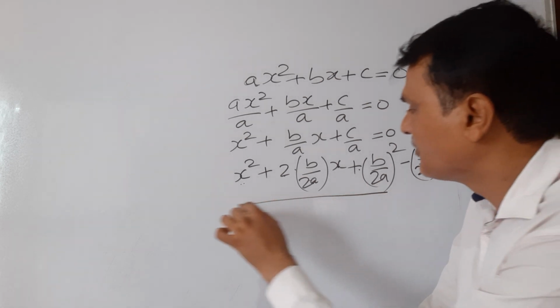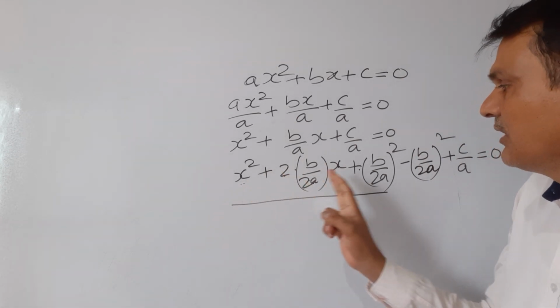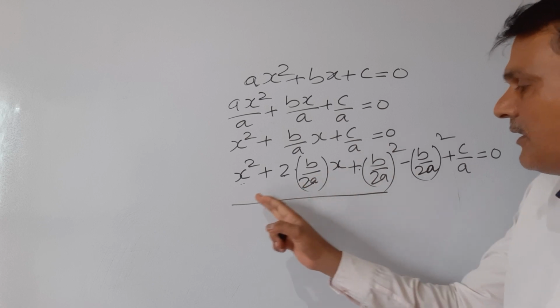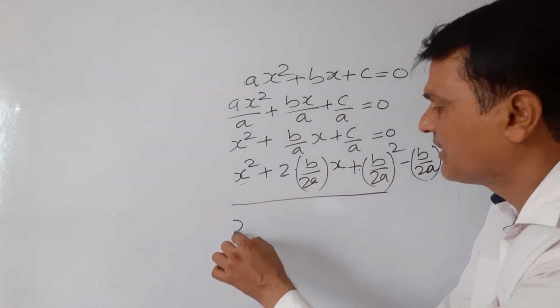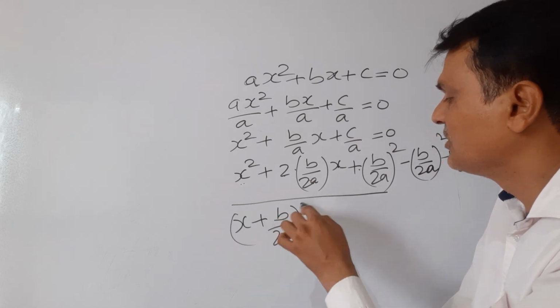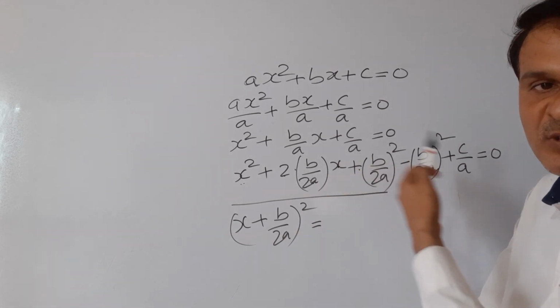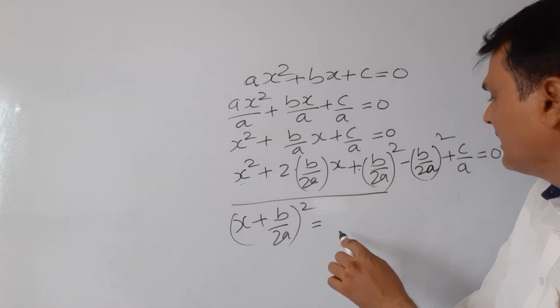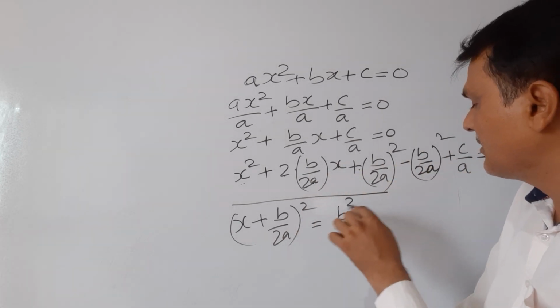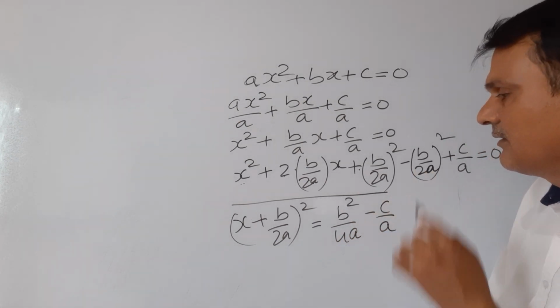And the underlined portion is of the form a square plus 2ab plus b square. We can write this as x plus b upon 2a whole square, and the remaining part is transposed to the right side. Then we write b square upon 4a square minus c upon a.